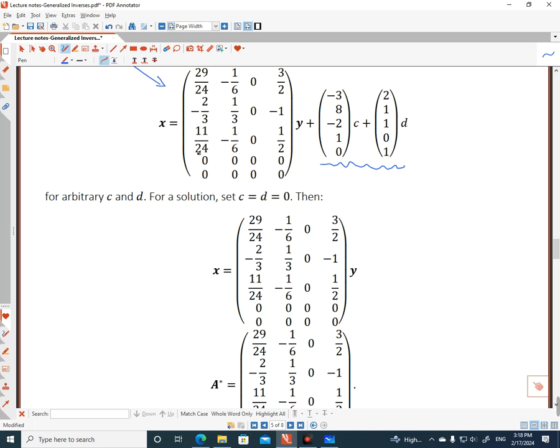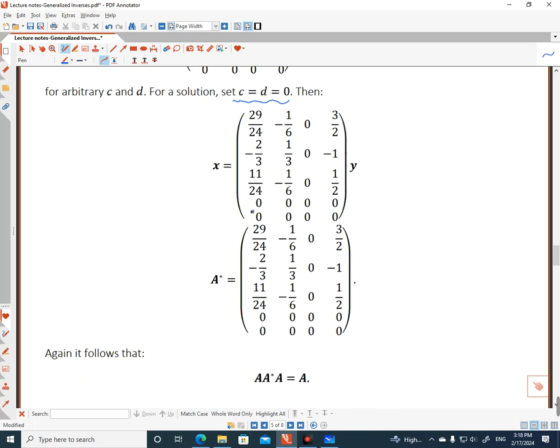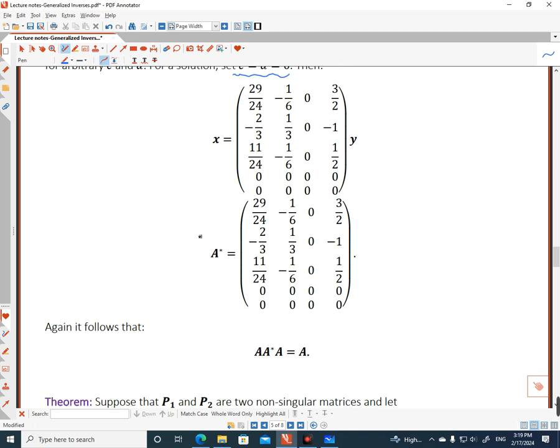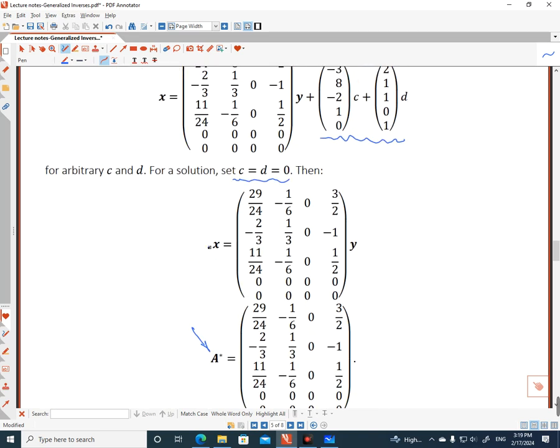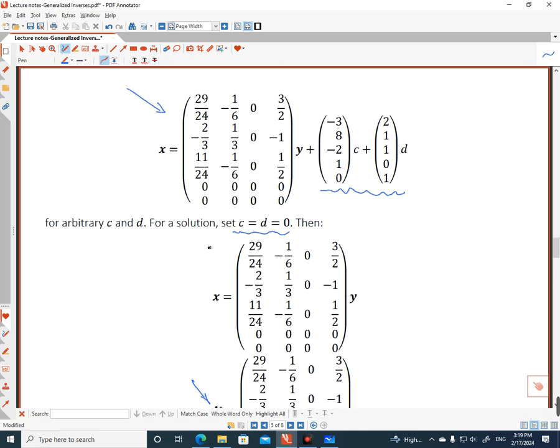One set of solutions, or better said one solution for the generalized inverse, can be obtained by setting C equal to D equal to 0, and this is the generalized inverse. And we can consider another C and D, and get another generalized inverse.